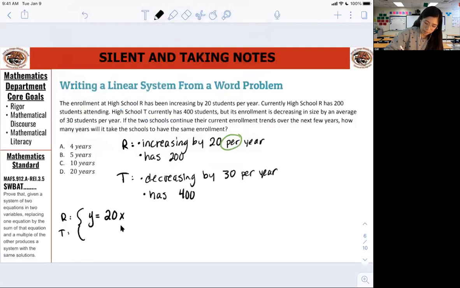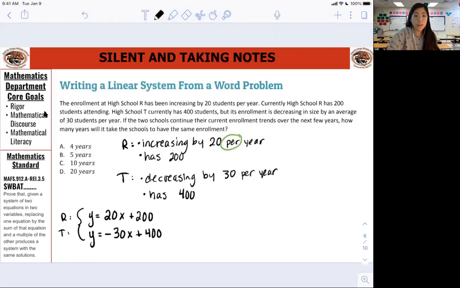So 20x plus 200, because it started with 200, and then we're adding 20x every year. What about high school T? 30x negative 400. Which one would be negative, the 30 or the 400? The 30. The 30 would be negative, right? Because it's decreasing by 30 each year, and it started with 400. So there's my two equations.